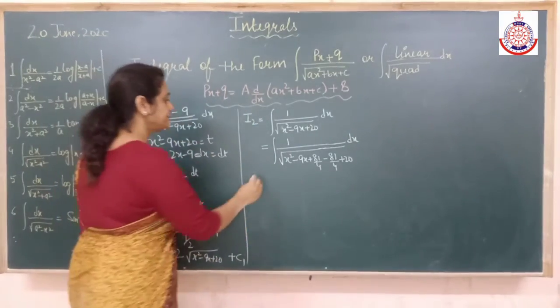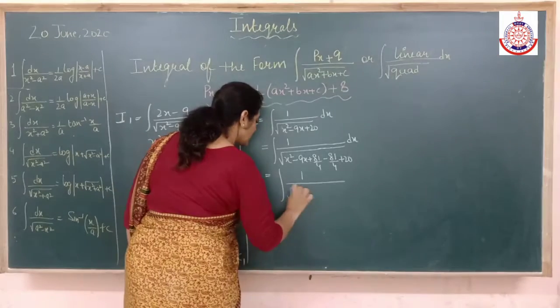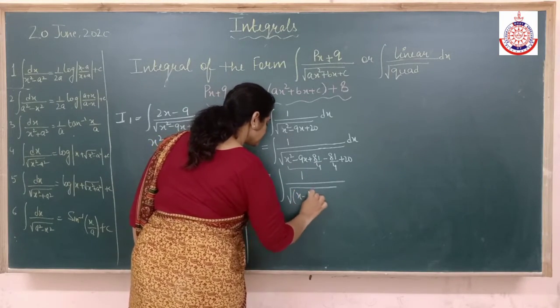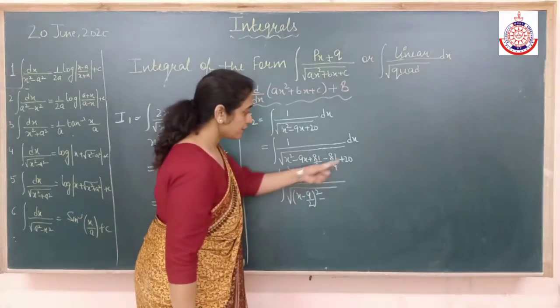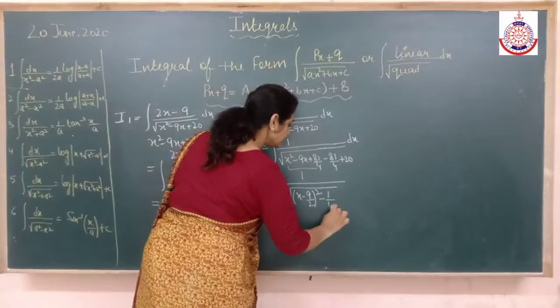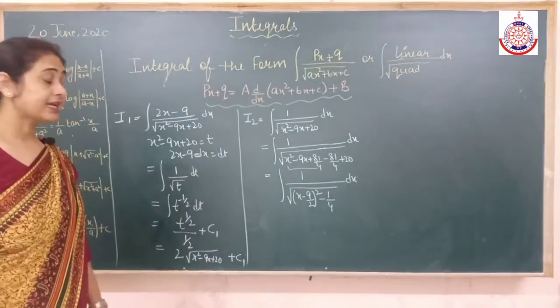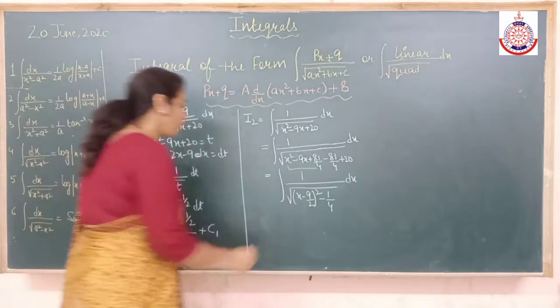Clear? The first 3 terms will give you the square. It will be minus 1 by 4. Alright. Again, if you have a confusion, we can substitute and check the proper form.